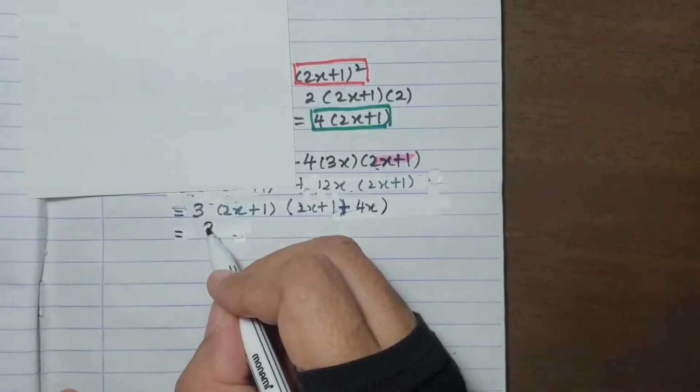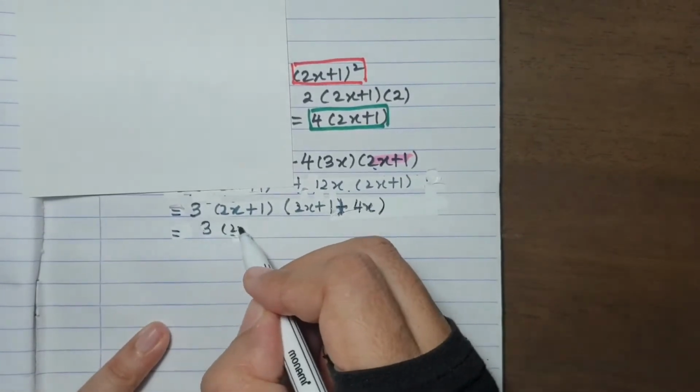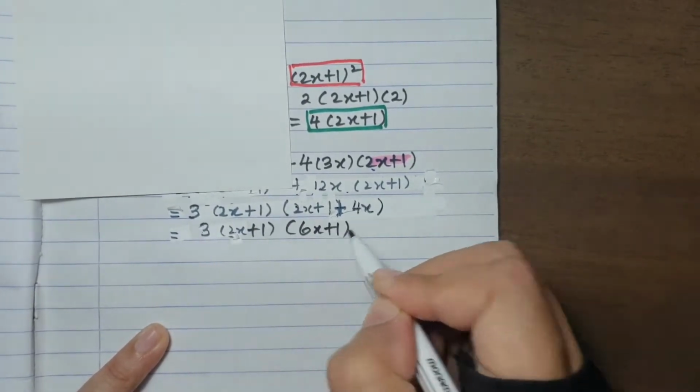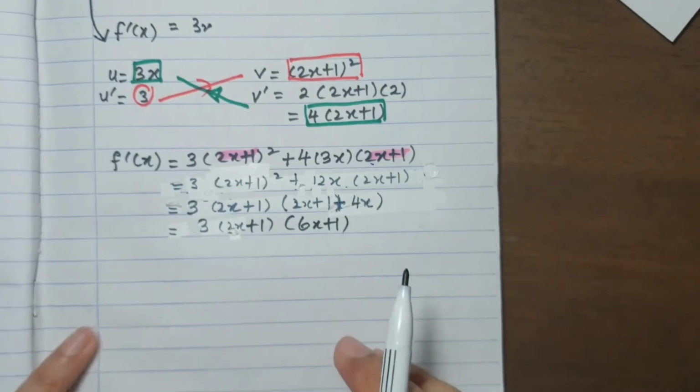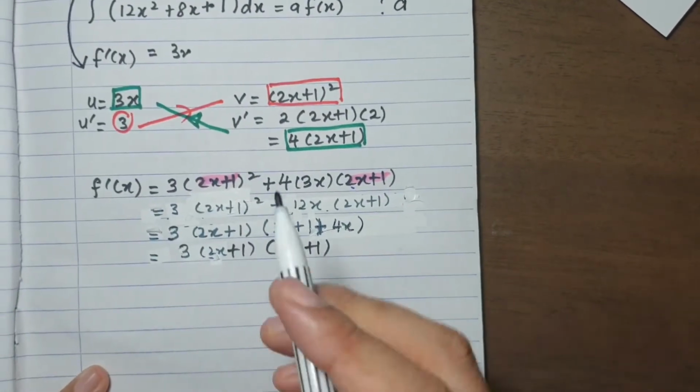Okay, so (6x plus 1). Okay, since here got square, so let's expand this.